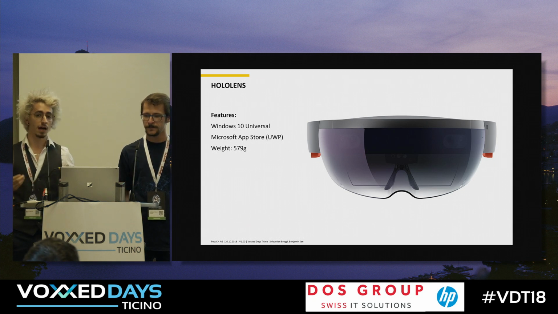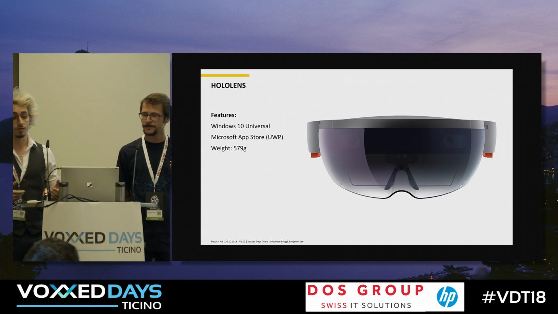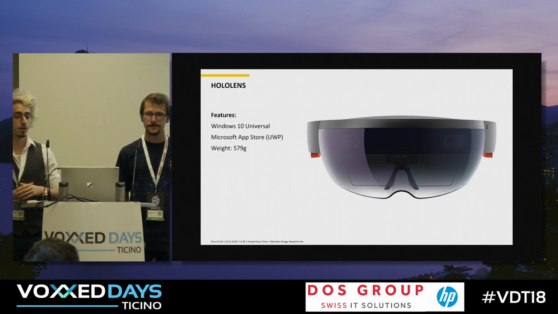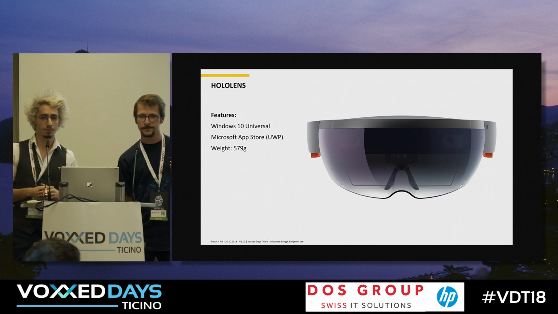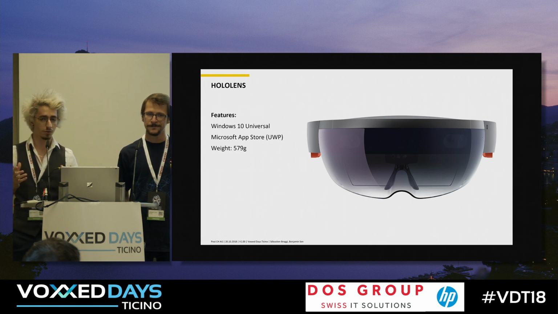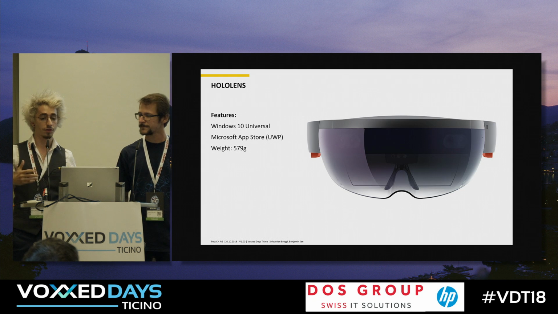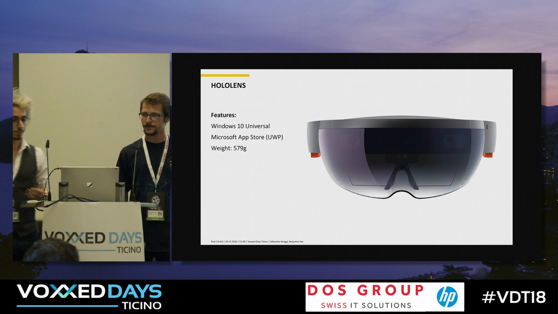You have to use apps which you can get in the Microsoft App Store. The amount of mixed reality apps is increasing day by day. These glasses have a weight of 580 grams, which is quite heavy for a device you put on your head. But at the same time, it's light for a fully functional computer.